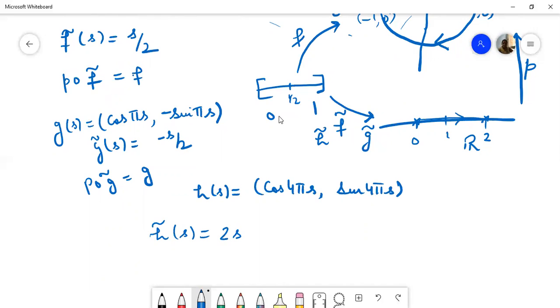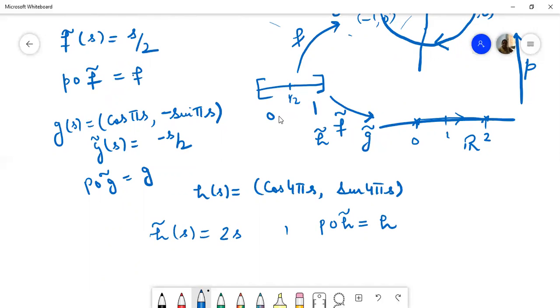That means this particular path is the lifting of H, and this H curl makes this triangle commutative. So P ∘ H curl will be H in this case.